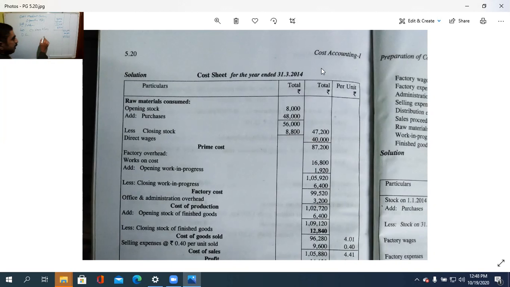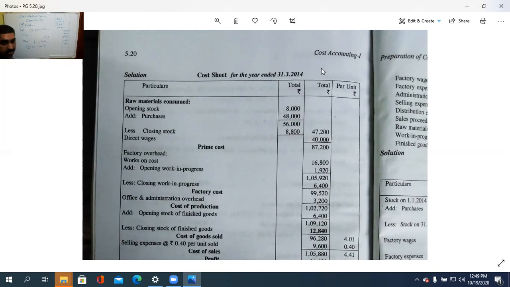Then this is the prime cost and then factory overheads. Factory overheads, that is works on cost, 16,800. Then along with that, add opening WIP, opening work in progress 1,920.